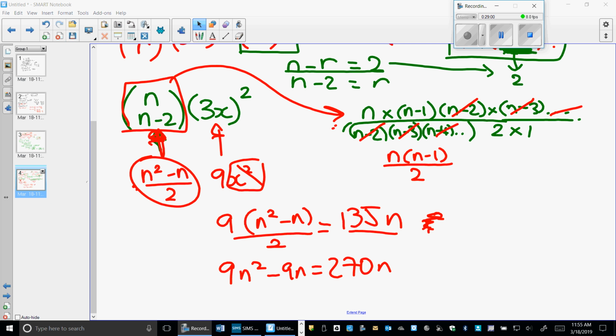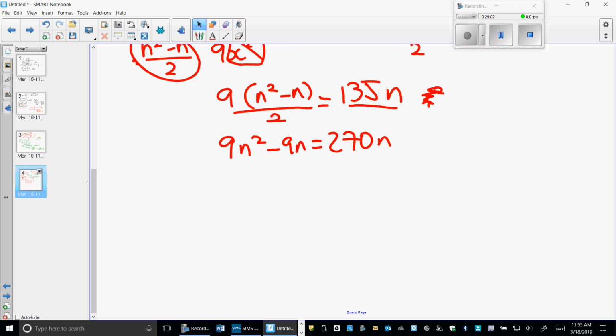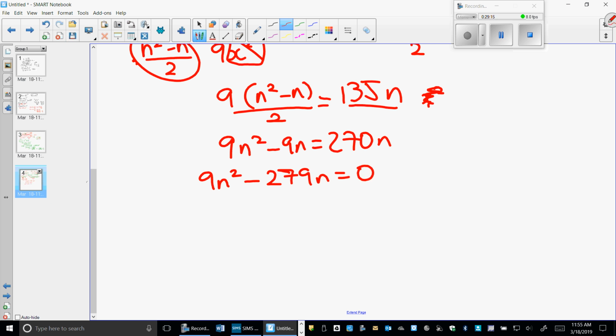Alright, so we've got this. What kind of expression is this? Quadratic. So we've got 9n squared, and we've got 270n and then 9, so that's minus 279. So we can divide everything by 9n.